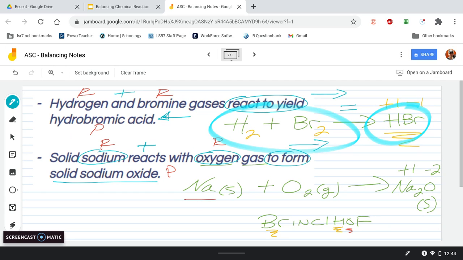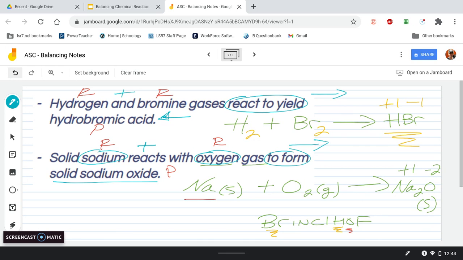We have to fix that. The bottom one has the same problem. 1 Na, 2 O's, 2 Na's, 1 O. So we gotta fix that. We're gonna show you that next. That's called balancing. But I always start out with writing out these equations because that's what we just learned. We just learned how to name. And so now we're going to go through and learn these.